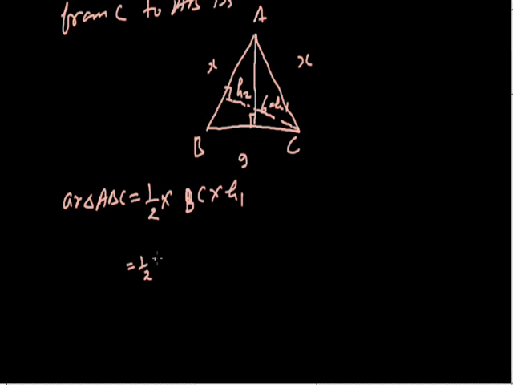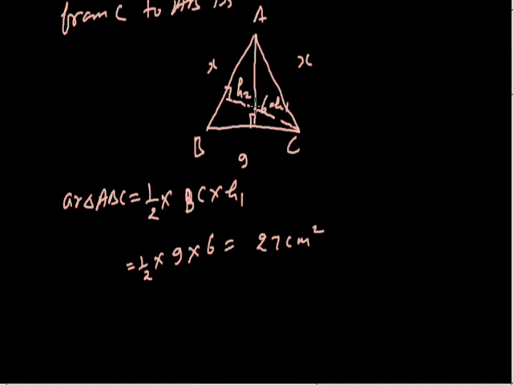So half, the length of BC is 9 and H1 is 6. So we get 27 centimeters square. The area of the triangle is 27 centimeters square. Now we can find the area of triangle ABC by Heron's formula, as we know the sides are 9, x and x. By this we can find the area of triangle ABC.